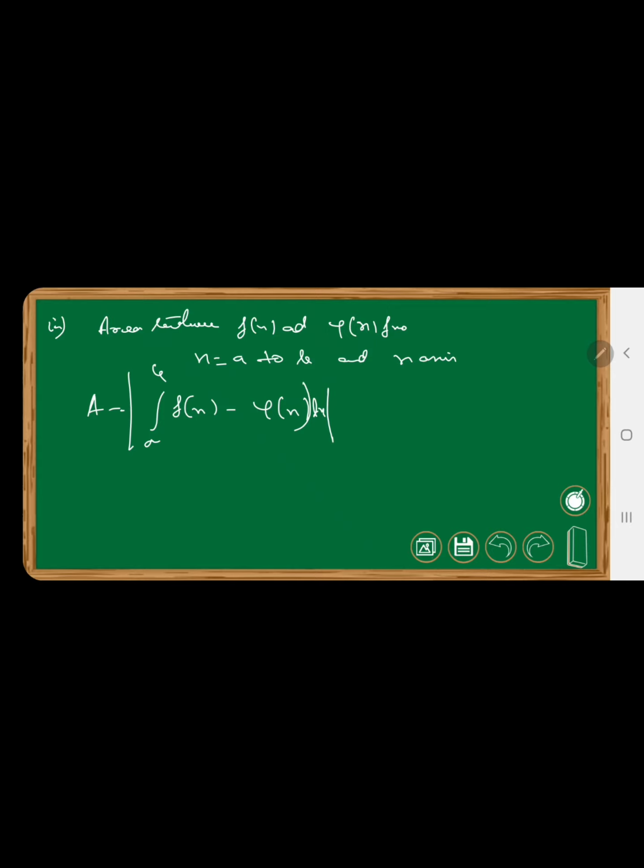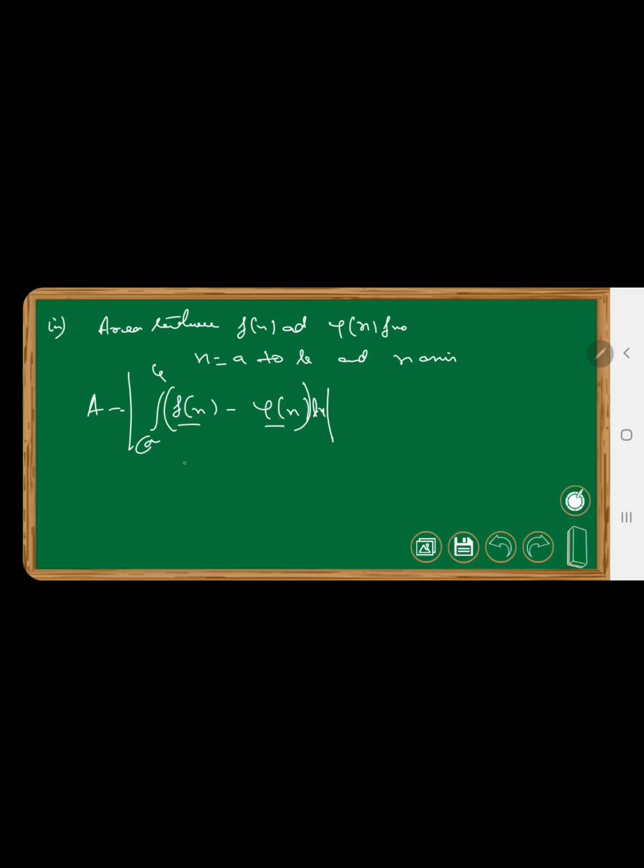Clear? Got it? And the same thing will go for y also. There we will need to use the inverse functions, check the inverse image of a and b, and we will have dy in place of dx. Up till this much is clear, I guess.